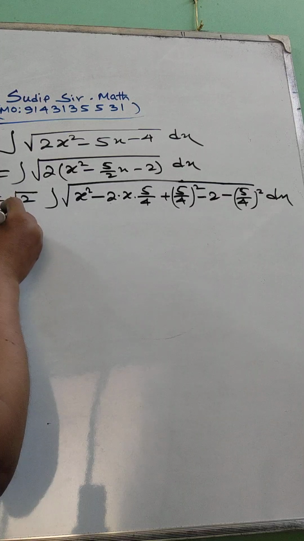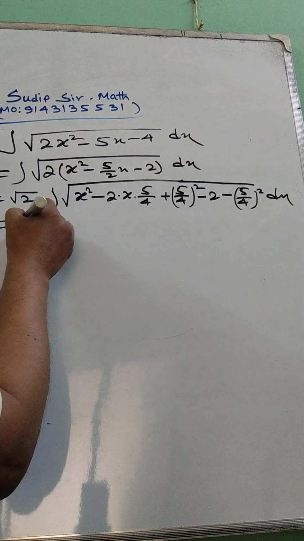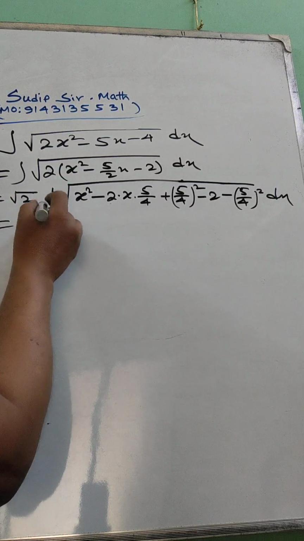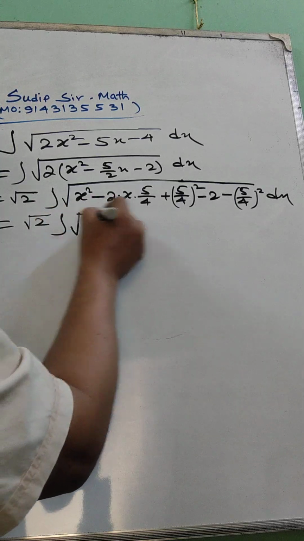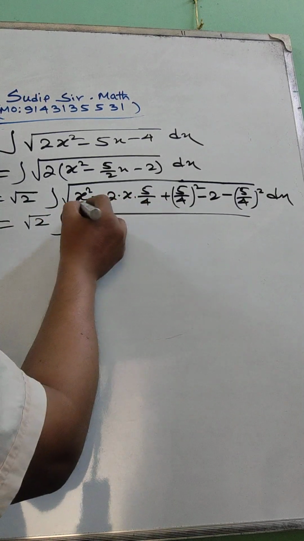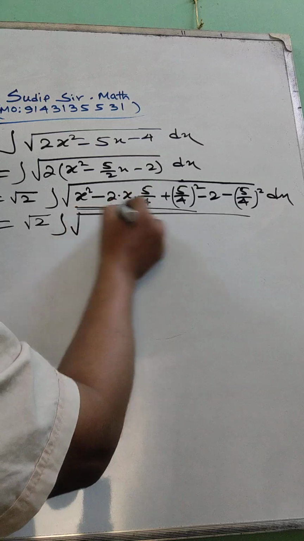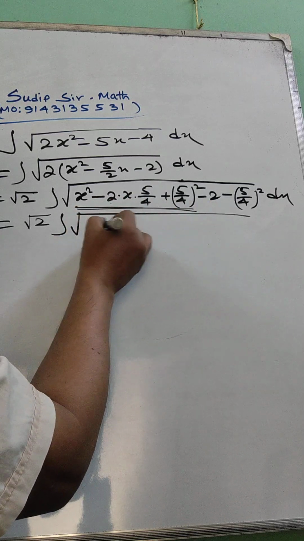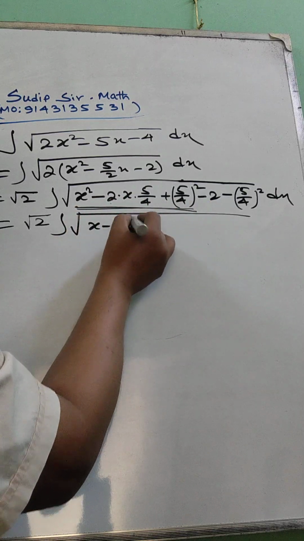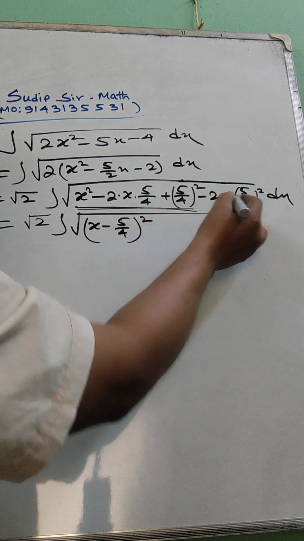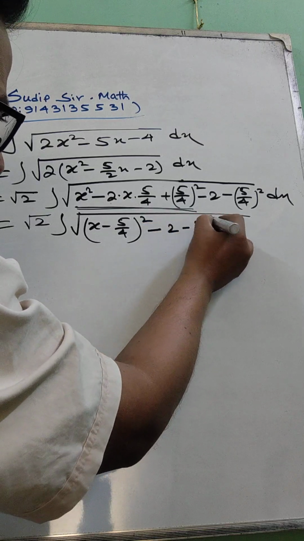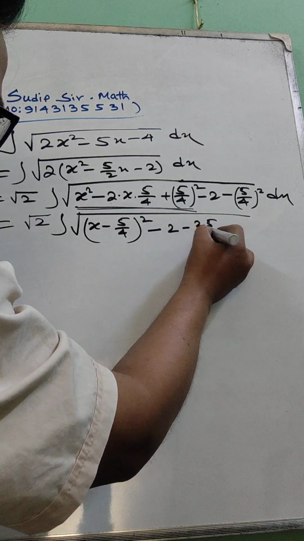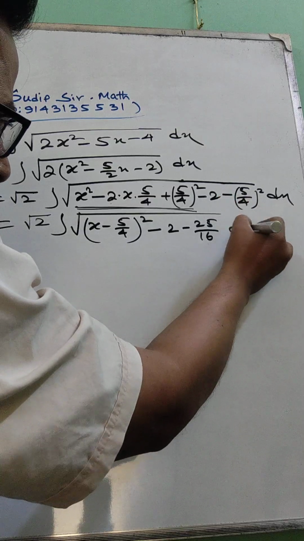Now this will be like this: root 2 integration, and this part will be (x minus 5 by 4)² and the remaining 2 minus 25 by 16, into dx.